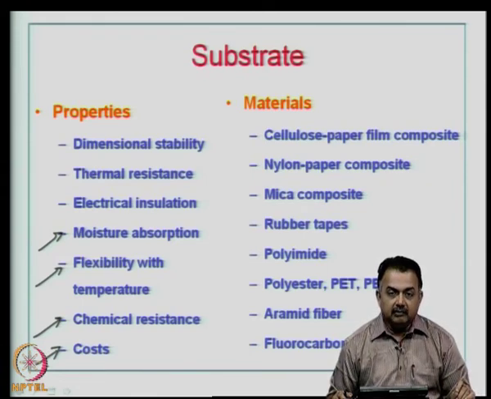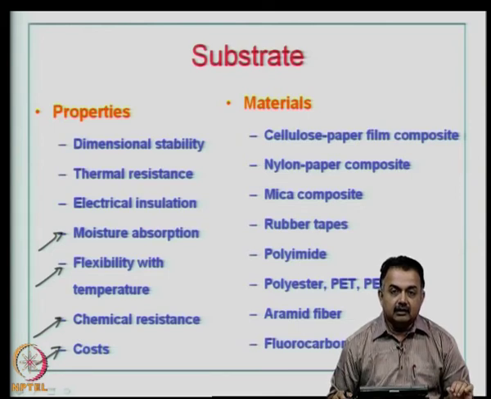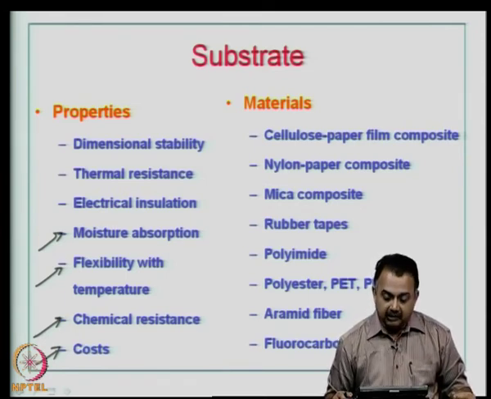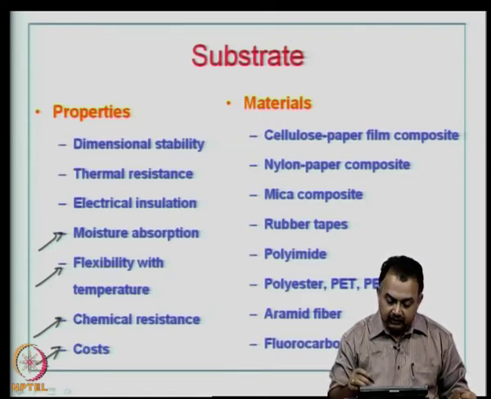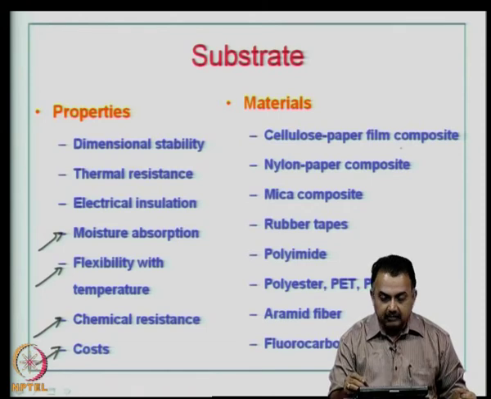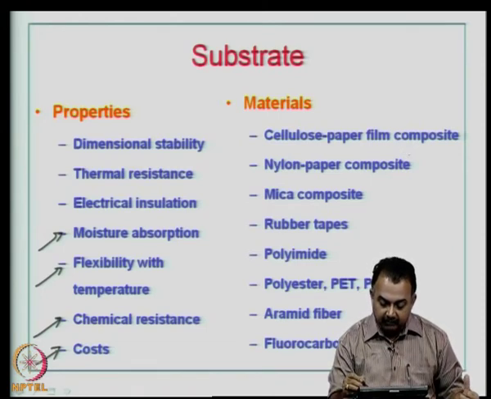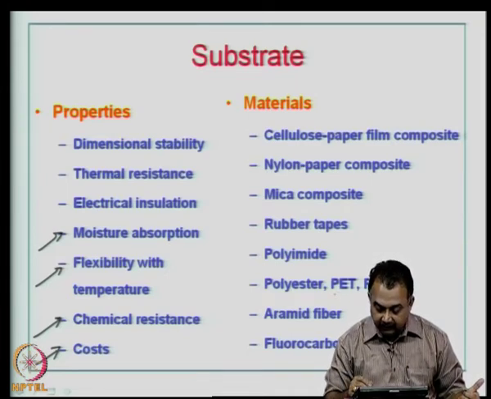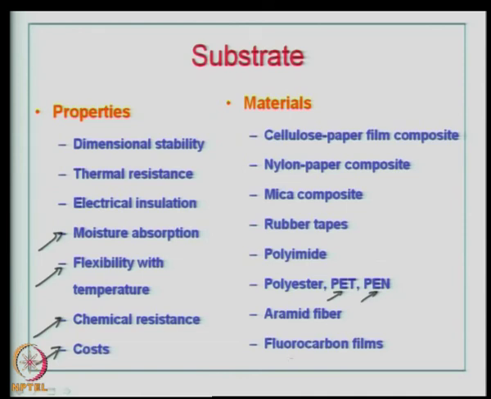So, the method of manufacturing has to be cost effective if you are producing in thousands. If you look at the materials, the choices are you can use cellulose paper film composite, nylon paper composite, mica, rubber tapes, polyimide, polyester, polyethylene terephthalate, polyethylene naphthalate, aramid fibers, fluorocarbon films and so on.